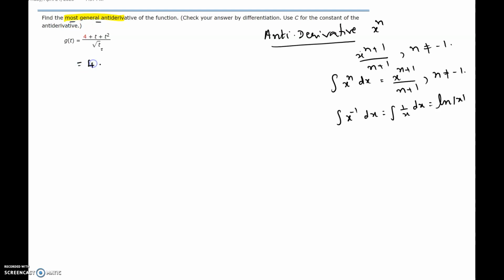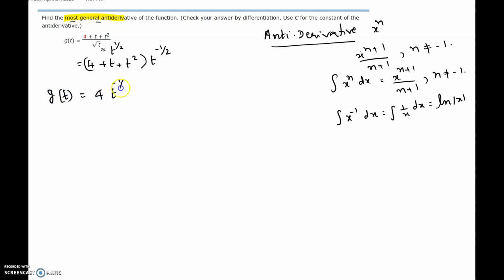So we can divide each term individually by the square root of t, or you can take the square root of t, which is t to the power 1 half, to the numerator, and that will become t to the negative 1 half. Now you distribute t to the negative 1 half.